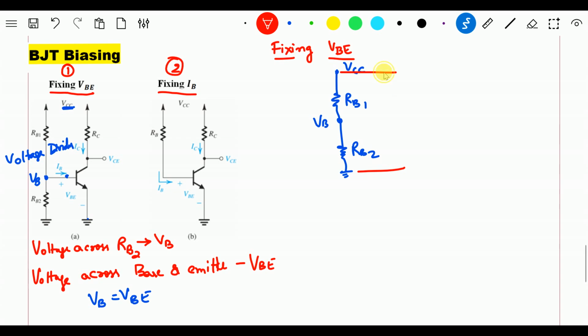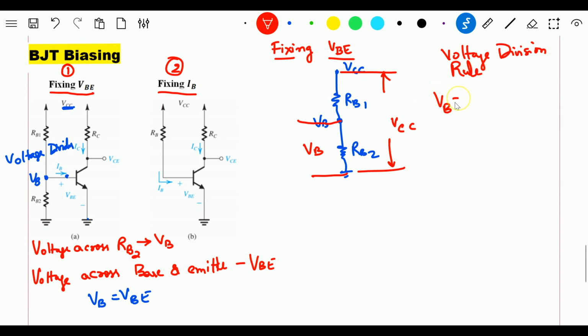When I say VB, it is the voltage from this terminal to ground. So in this part of the circuit I can apply the voltage division rule, and through it I can define the equation for VB.